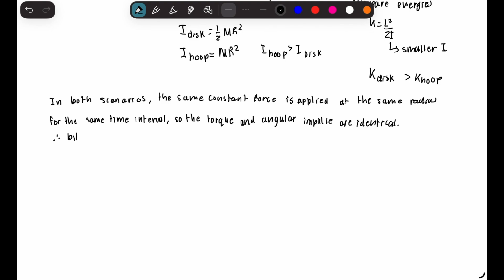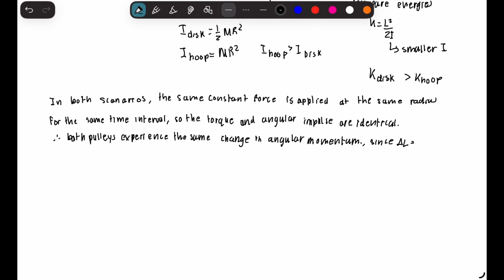Therefore, both pulleys experience the same change in angular momentum, since delta L is equal to torque times delta t.